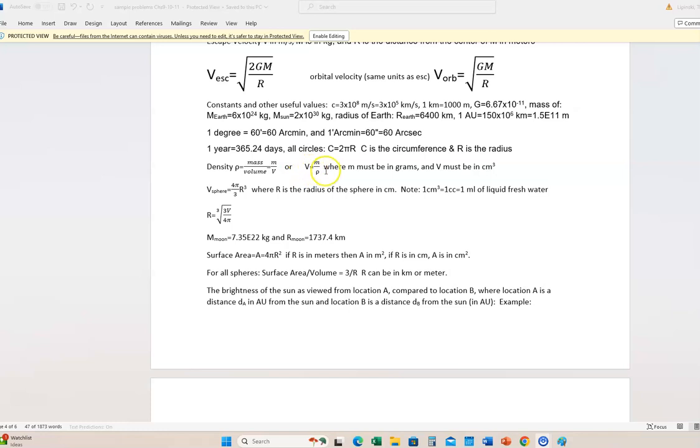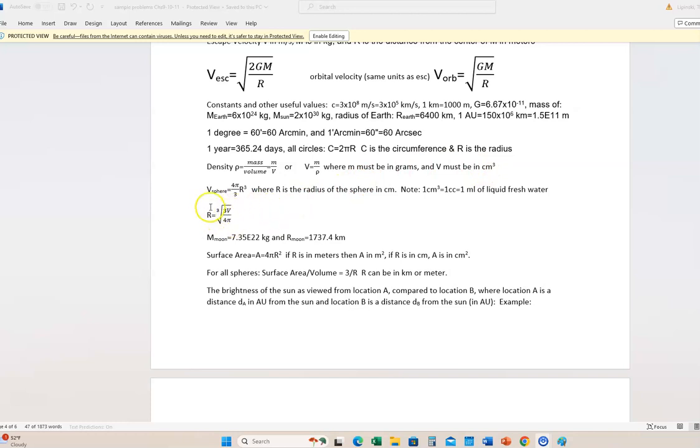Sometimes it's confusing, it's usually a lowercase v for volume. Anyhow, density is mass divided by volume. Rearrange that equation and solve for volume: it's mass divided by density. So we need that equation, and the volume will be in cubic centimeters.